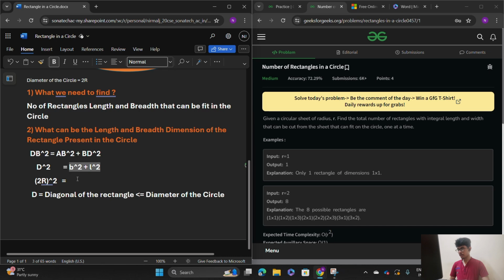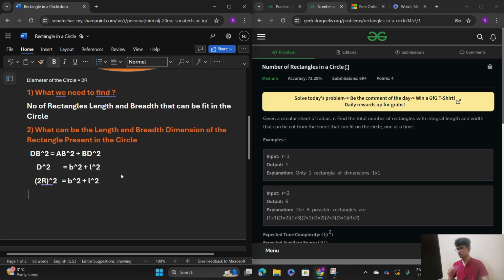I have copied it here. Now 2r the whole square is 4 capital R square. So this is 4 and this is r square. Don't get confused. After this, you will get b square, so I'll copy here b square plus l square.